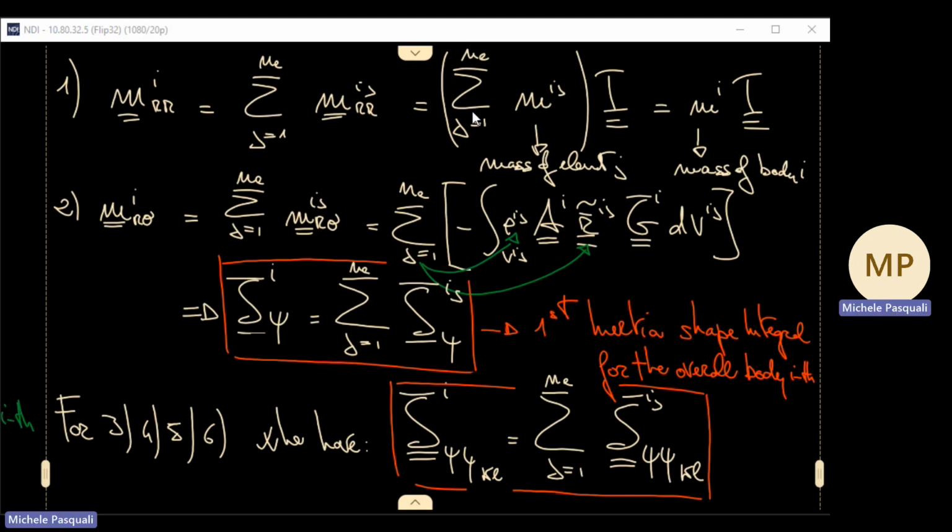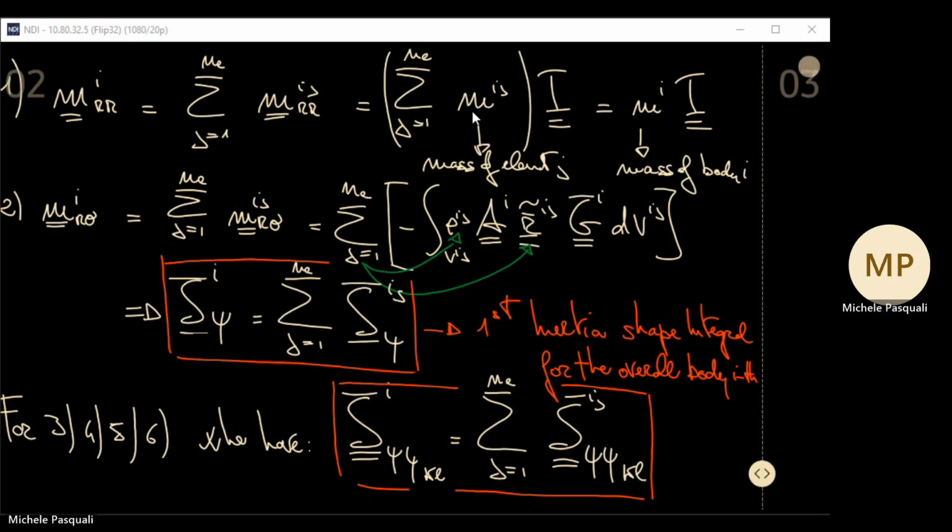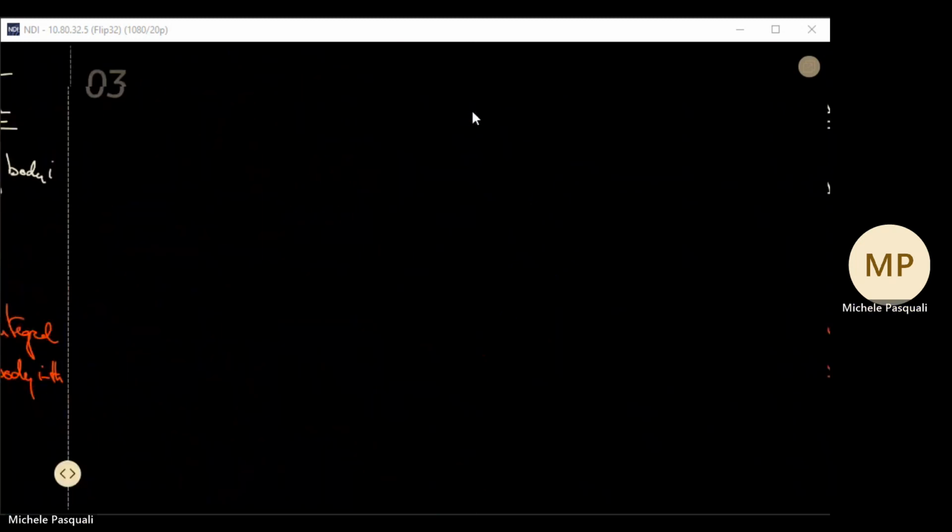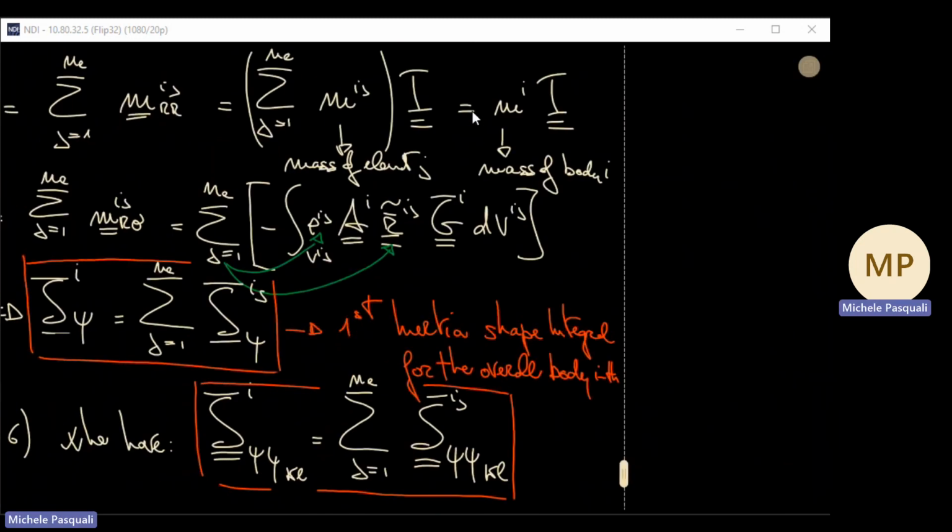Okay. So here we go. So just to clarify, these are the additional six inertia shape integrals.